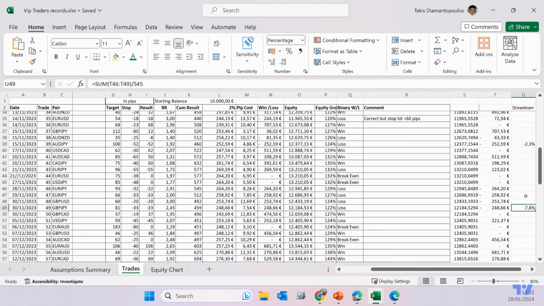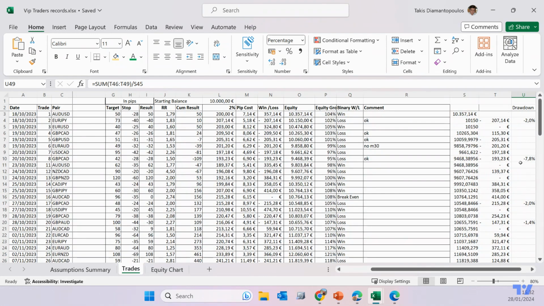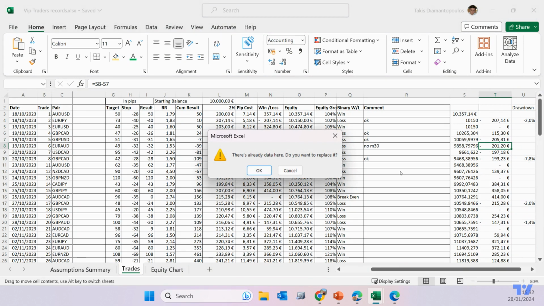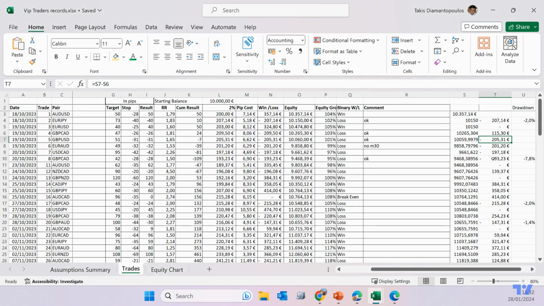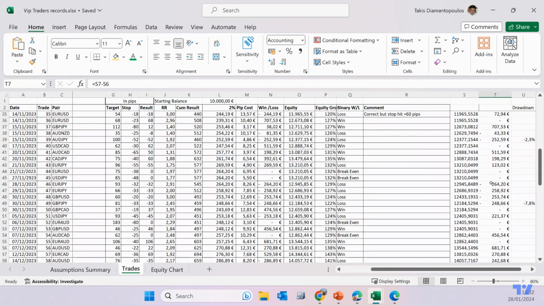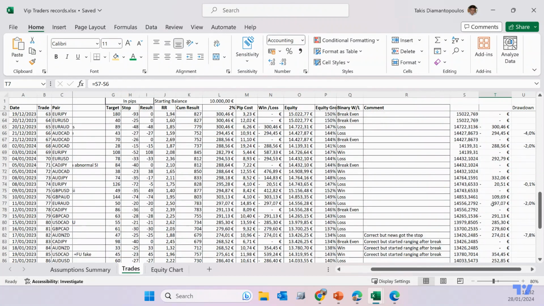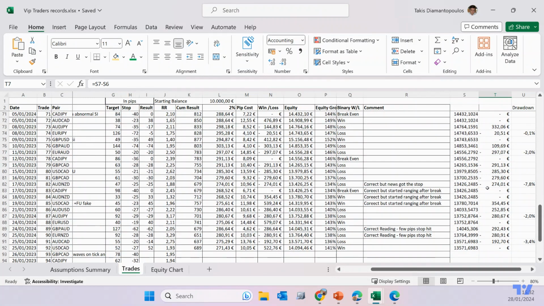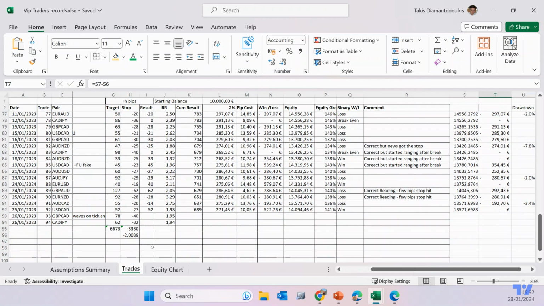So basically you can see here, let's look at the big numbers. I got 5 continuous losses. Then 4, and 4 again, continuous losses. So this is happening, guys.